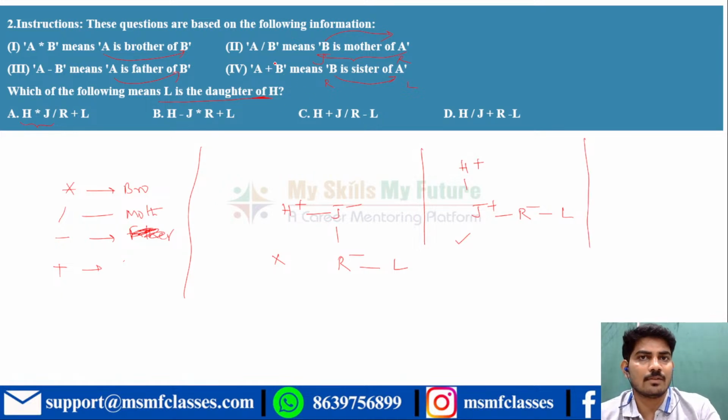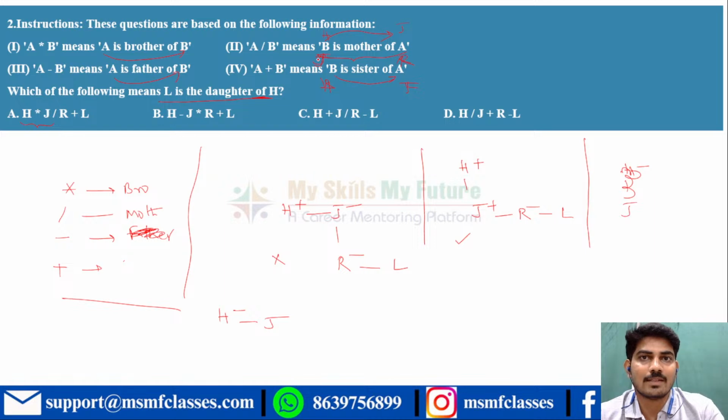H plus J. H is the sister of J. Next, J divided by R. Here J was present and R was present.